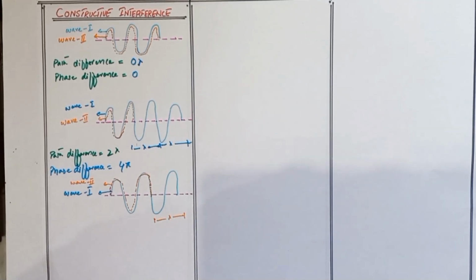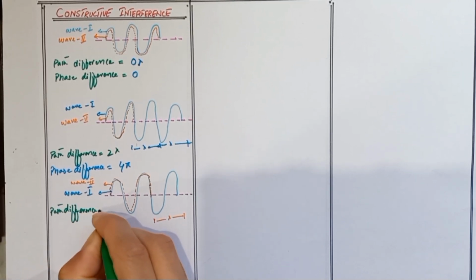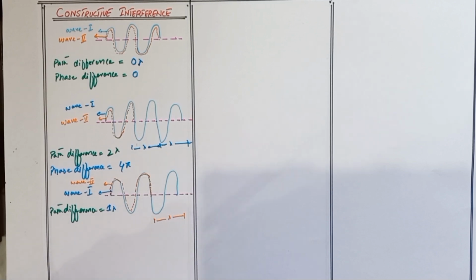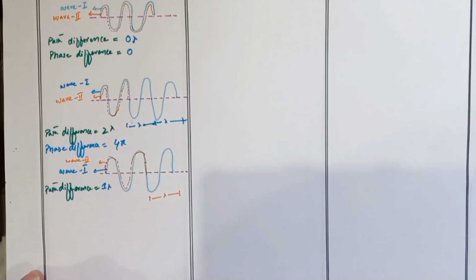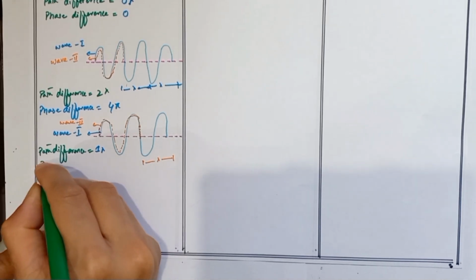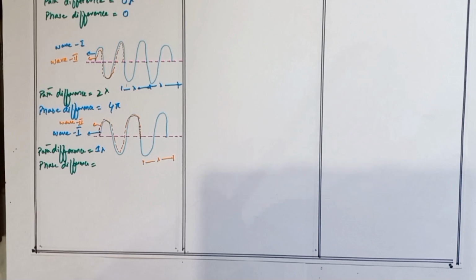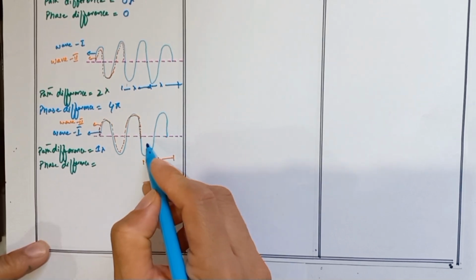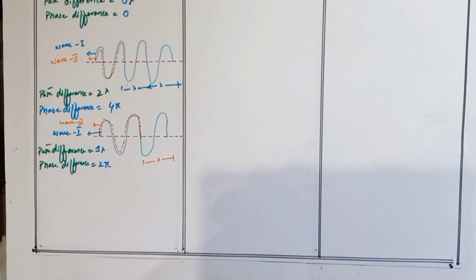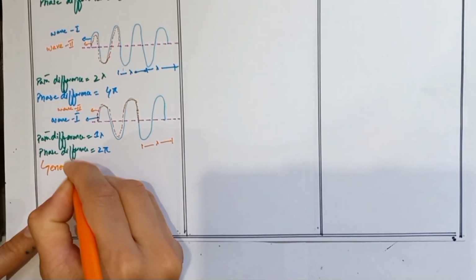So here the path difference is equal to 1 lambda and the phase difference is equal to pi plus pi. Here the extra phase difference is 2 pi.